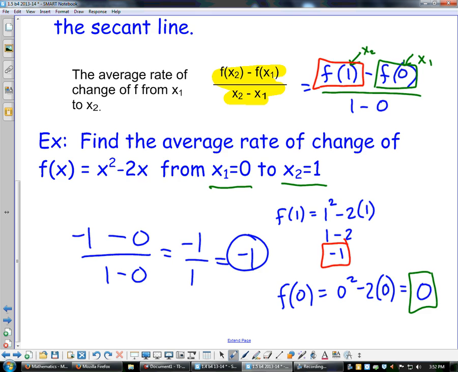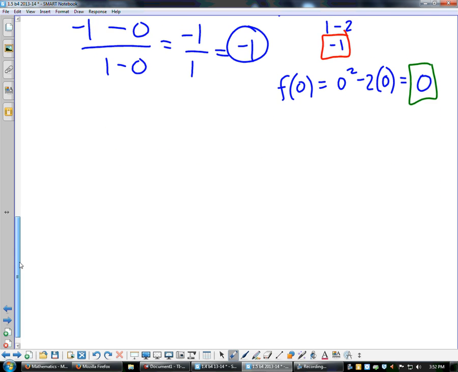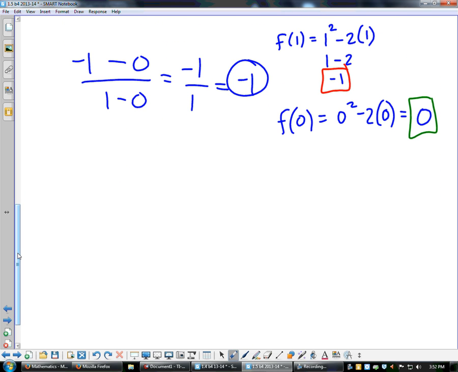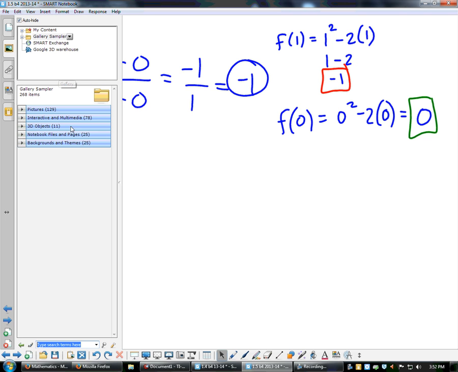Okay, and just to show what this looks like on a graph, let's see how long it will take me to find graph paper.